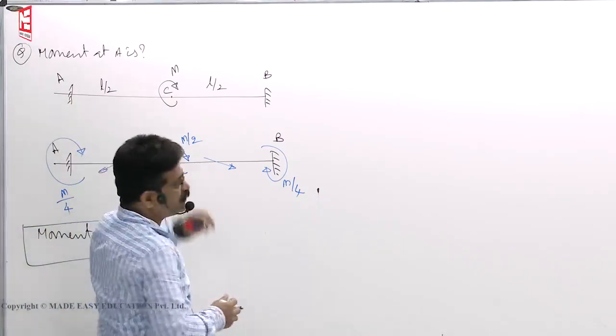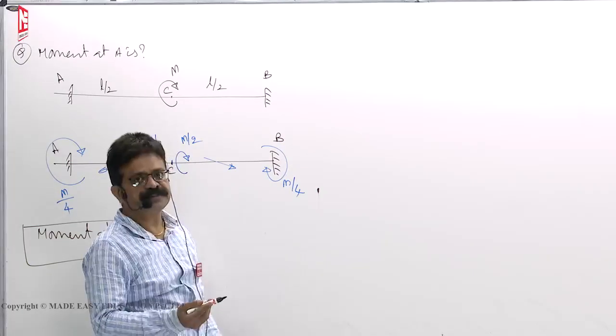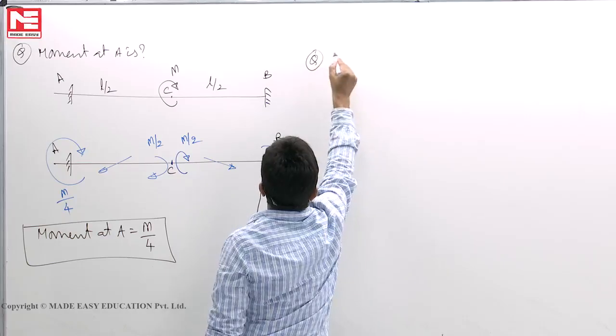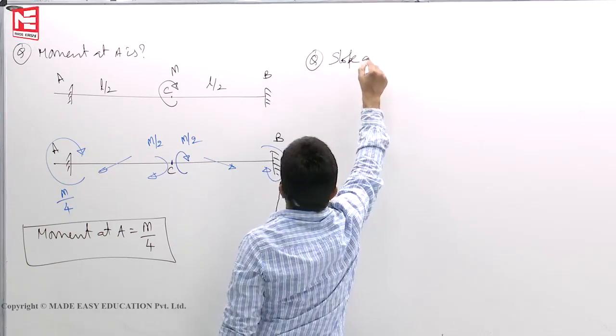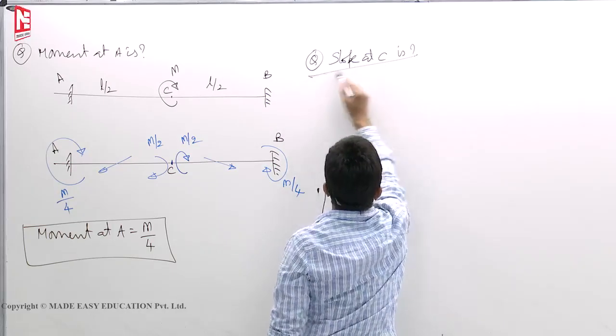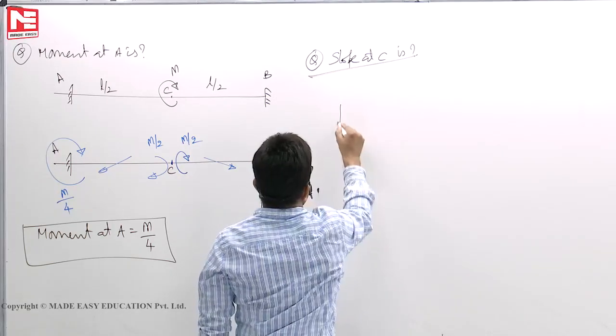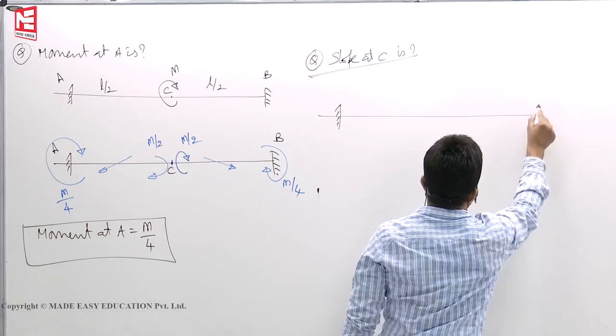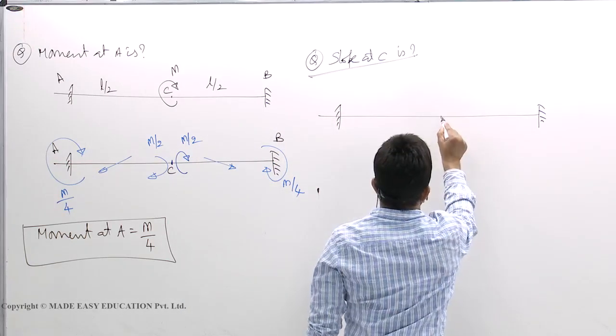Then supposing that if they ask you slightly difficult question, what is the slope at C? Slope at C is. Now you see, only for this problem it is valid because of this reason.